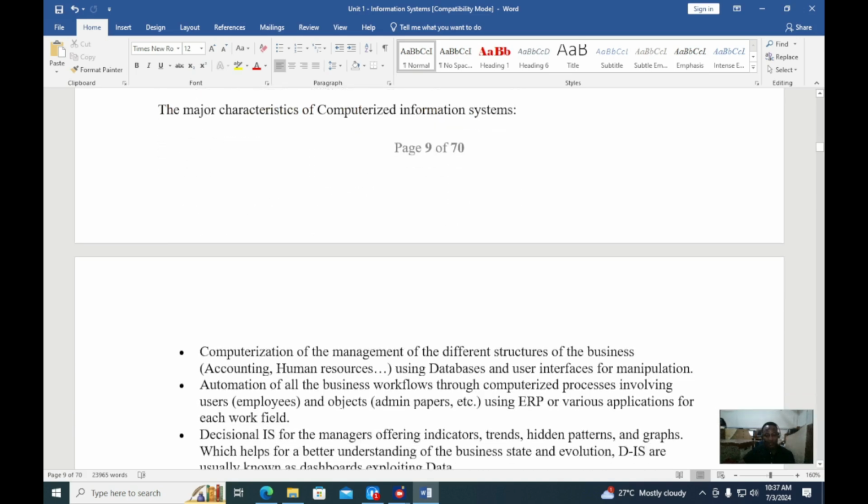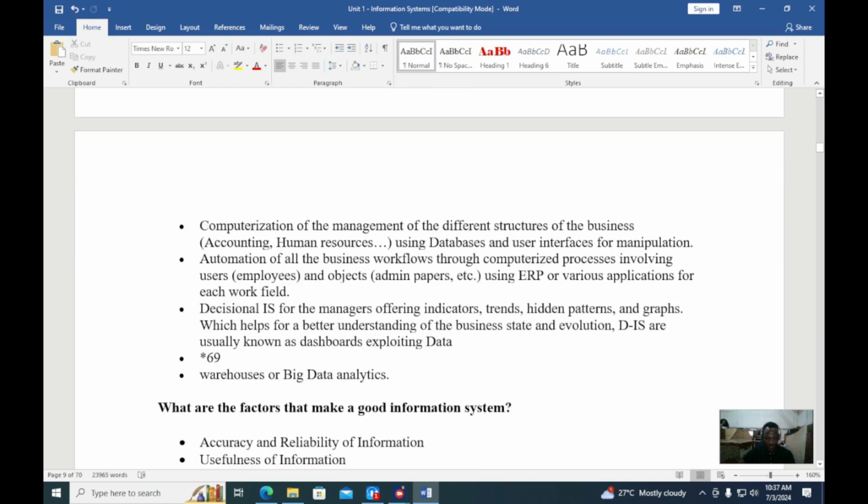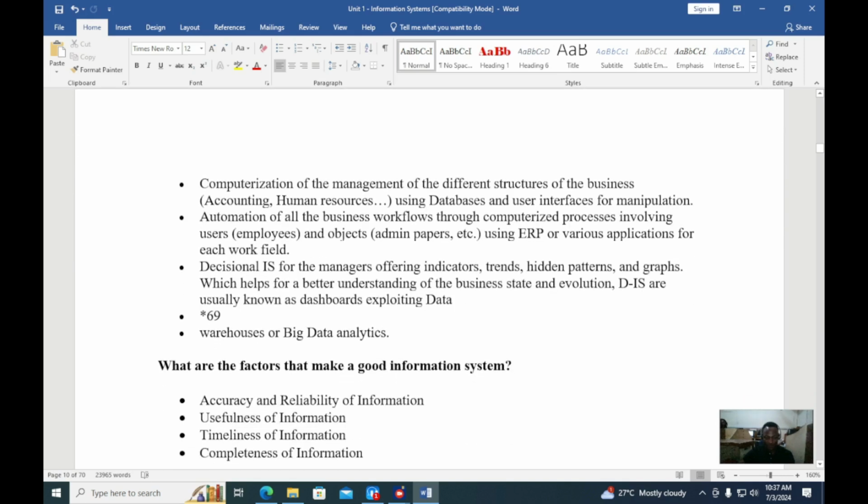Okay, the major characteristics, however, of computerized information systems include: one, there is computerization of the management of the different structures of the business. Of course, when we talk about this, we are talking about accounting and human resources. They are all computerized using databases, and using some user interfaces to enable manipulation.